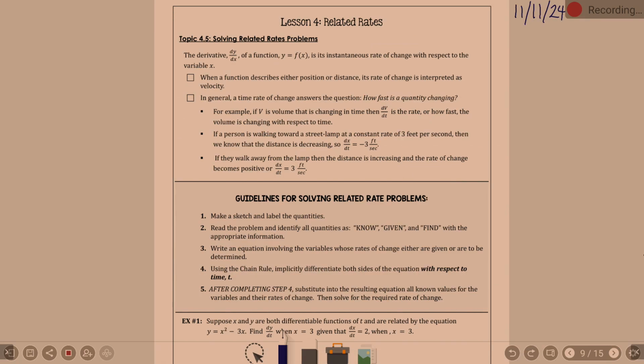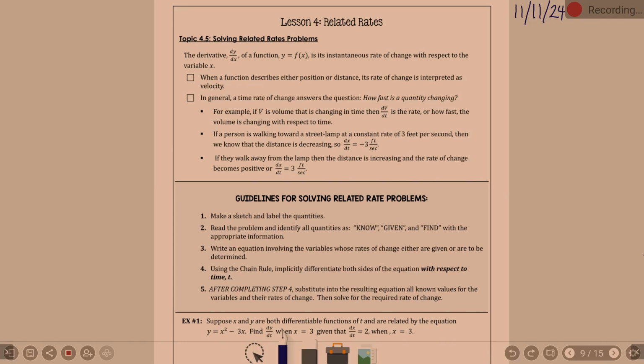Now, just some information to go through. The derivative, dy/dx, of a function y equals f of x is its instantaneous rate of change with respect to the variable x. We've talked about IROC before, right? When a function describes either position or distance, its rate of change is interpreted as velocity.